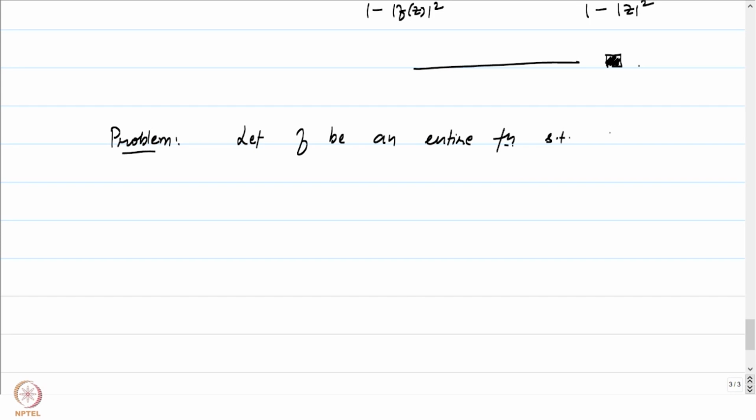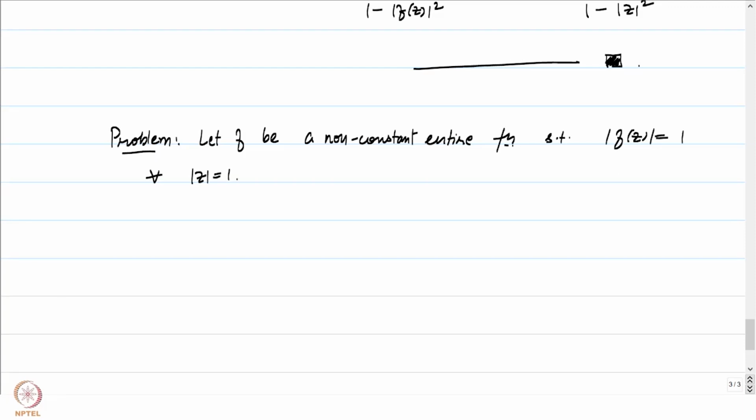Let f be a non-constant entire function such that absolute value of f of z is equal to 1 for all mod z equal to 1.